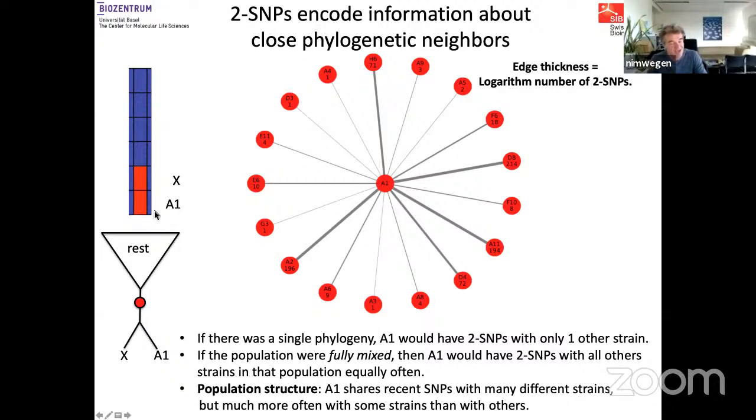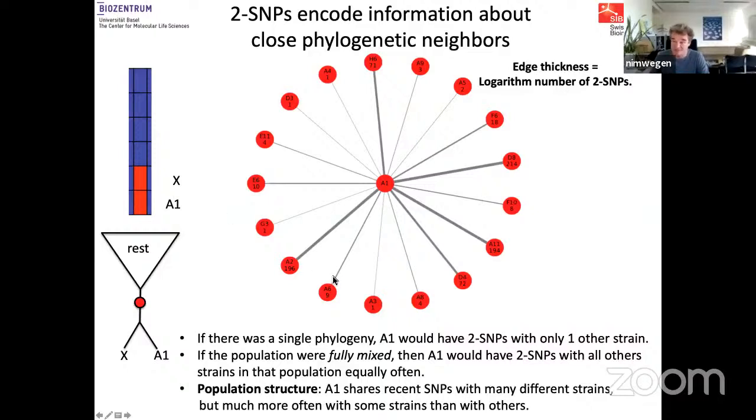And one is strain A1 and the other is another strain X. So when I see a SNP of this type, it means that at this position in the alignment, the strains X and A1 must have been nearest neighbors in the phylogeny, and the mutation occurred on the branch going to the ancestor of X and A1.